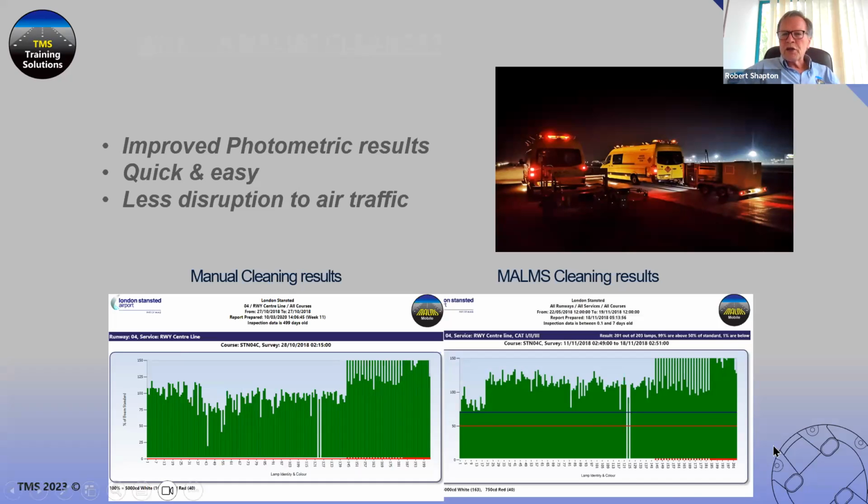The results we achieved at this particular airport were a 23% improvement in the light output through cleaning them again with a soda and air-based system. This is reflected in the experience at Stansted Airport here, where a manual clean was performed and tested, followed by a soda and air MARMS cleaning test.